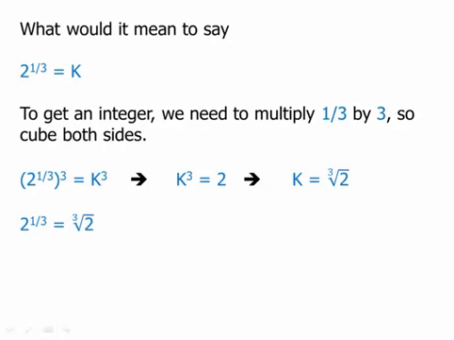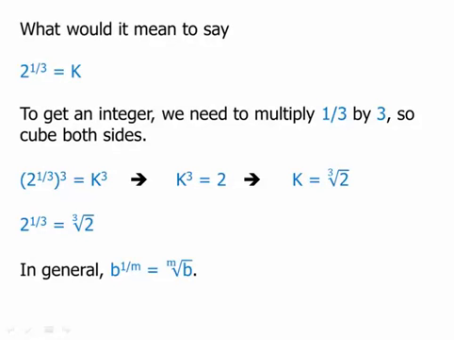You might see a general pattern emerging here. If we take something to the 1/2, it's the square root. If we take something to the 1/3, it's the cube root. You might guess if we take it to the 1/4, it's the 4th root, 1/5, it's the 5th root, that sort of thing. In fact, we can generalize by saying b to the power of 1 over m is the mth root of b.